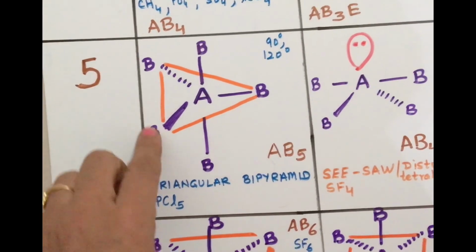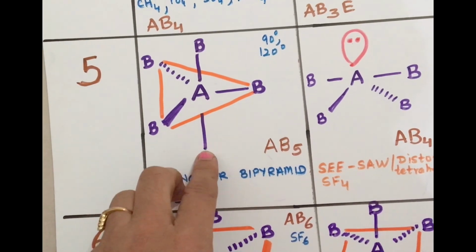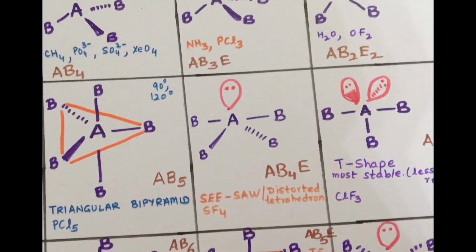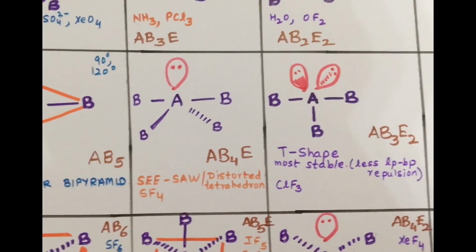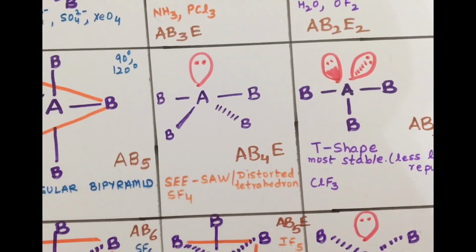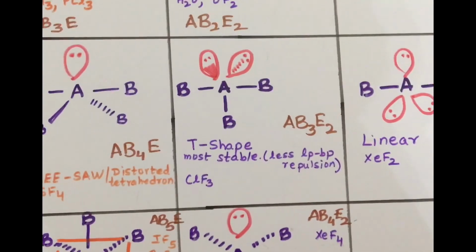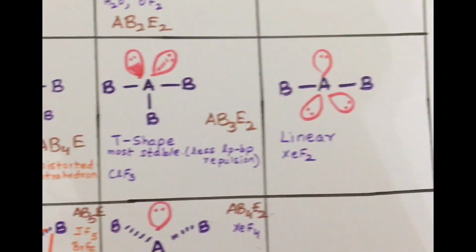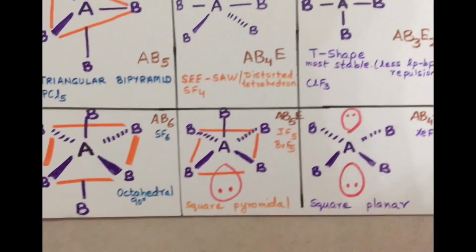So the base shape is trigonal, and there's one above it and one below it. Same way, the dash and the wedge formula, which I'm sure you must be familiar with, where one is directed towards you and one is directed away from you. These are the lone pair of electrons. Again, we have the lone pair of electrons and the shapes with the examples.